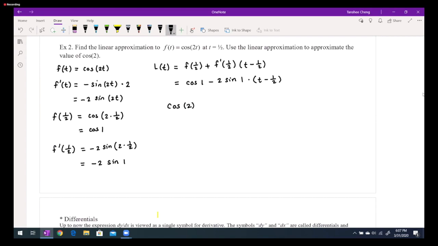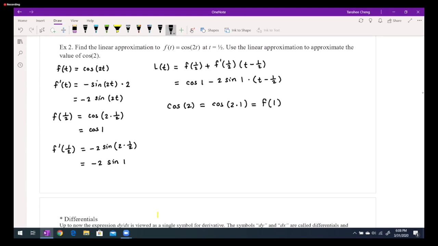So now, cosine of 2, that is basically cosine of 2 times 1. And the reason why I write it like this is to help you see that in the original function, f of t is equal to cosine of 2 times t. So how do I get cosine of 2? My t must be equal to 1. So that basically indicates that for cosine of 2, we are evaluating the f function at 1.